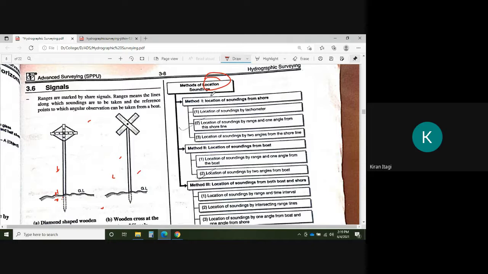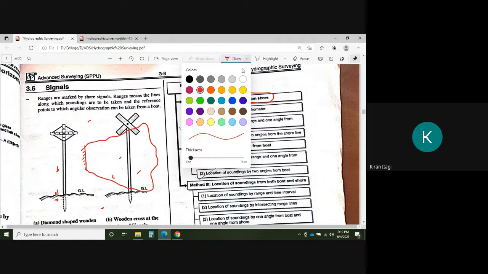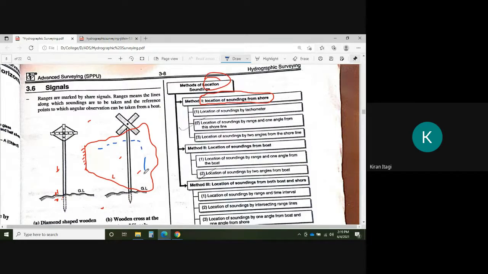So now the first method is location of sounding from shore. If I draw, this is my seashore and this is water.